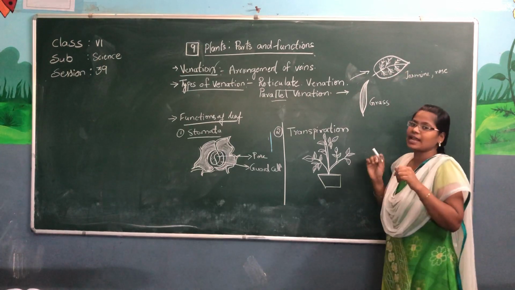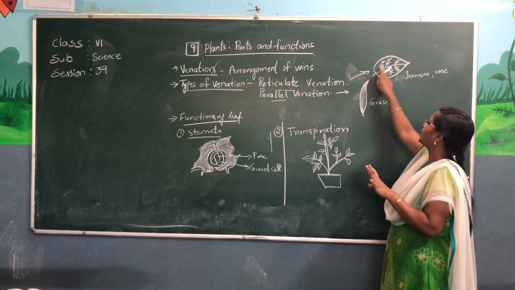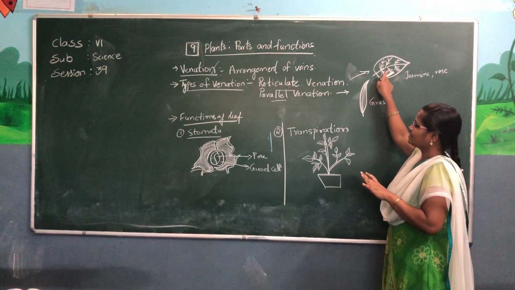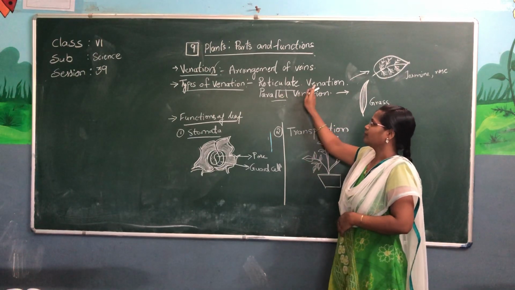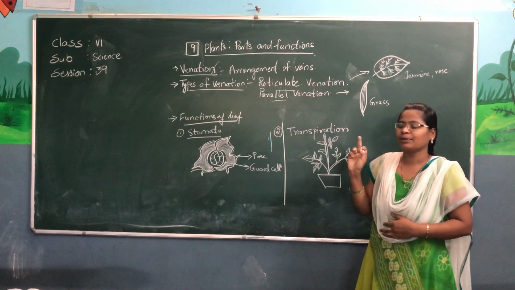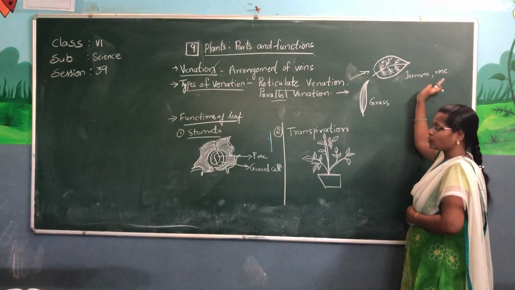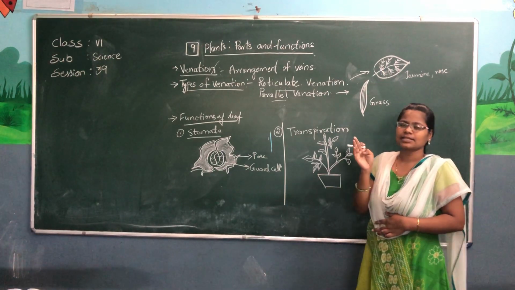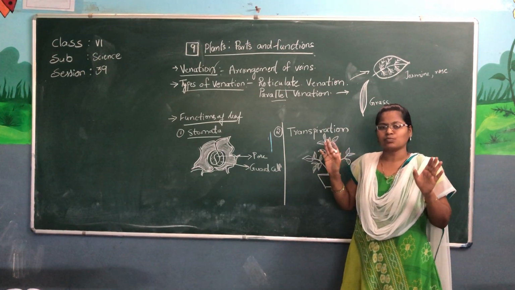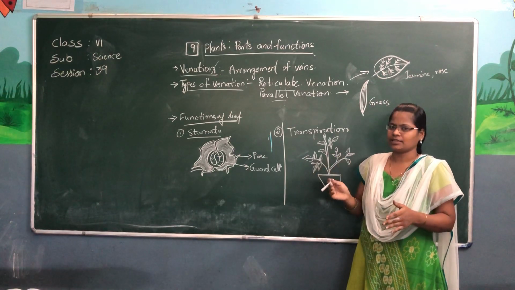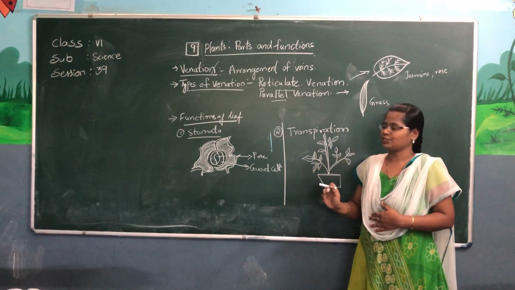They are arranged like a web. So this is called reticulate venation. Examples: jasmine, rose, hibiscus. Many plants come under reticulate venation.